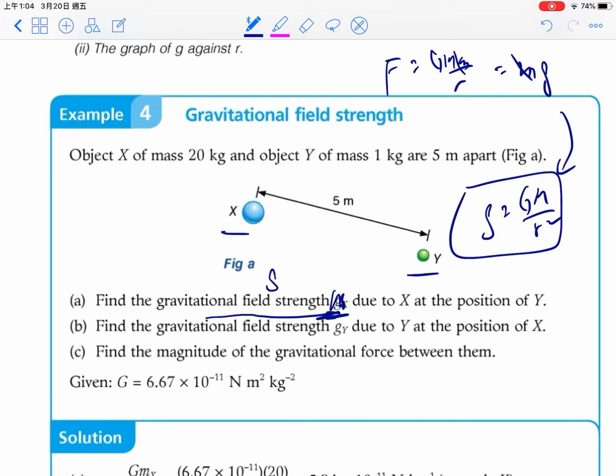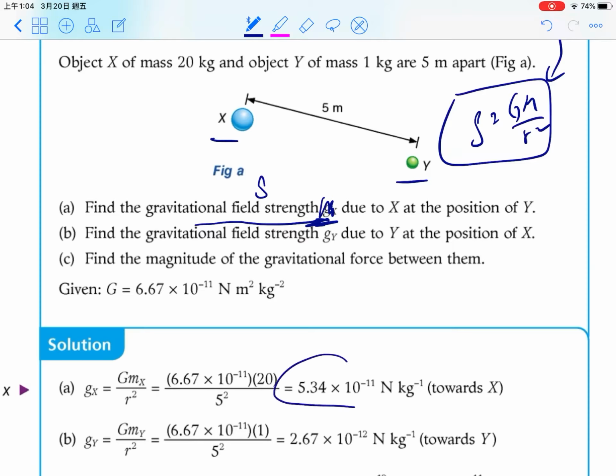So we get an equation for small g, GM over r squared, and we can calculate the answer. So the g field would be 5.34 times 10 to the power minus 11, towards x, because at position y it should point to x.